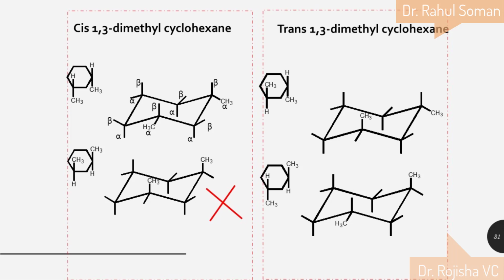In the trans case, one will be an alpha bond and the other a beta bond, with one CH3 alpha and the other beta. Both have equal probability. So for 1,3-dimethyl cyclohexane, the preferred conformation will be the cis form with di-equatorial, both in equatorial bonds, not axial.